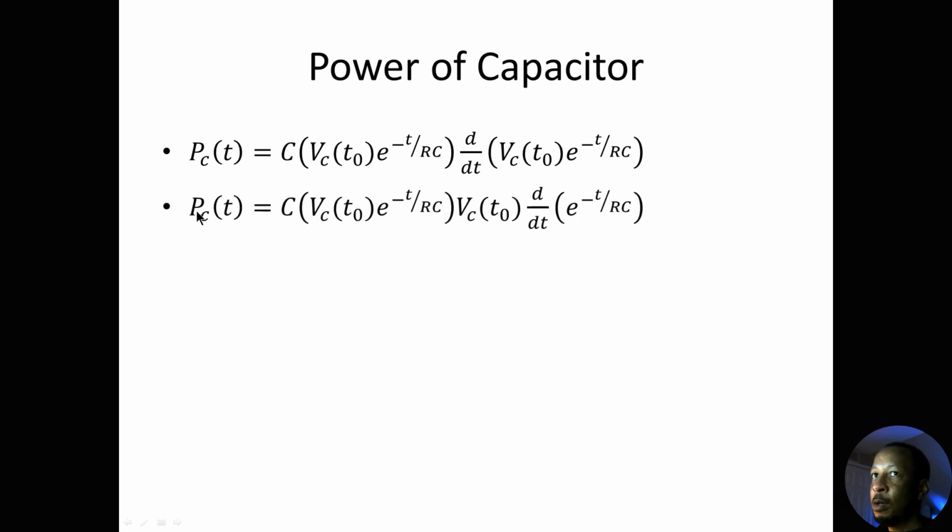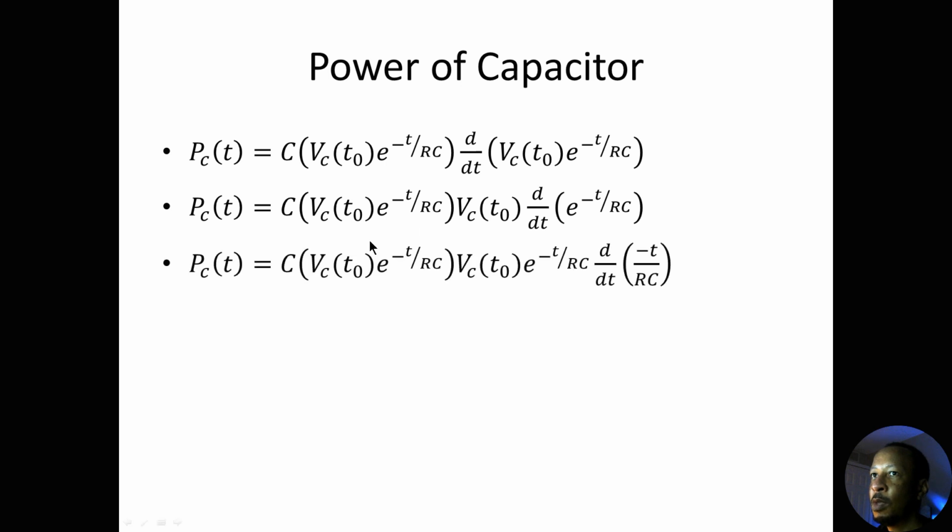So next we have PC of t equals C VC of t sub 0 e to the negative t divided by RC, all of that times VC of t sub 0 times d dt of e to the negative t divided by RC. Next I have PC of t equals C VC of t sub 0 e to the negative t divided by RC times VC of t sub 0 e to the negative t divided by RC times d dt of negative t divided by RC.